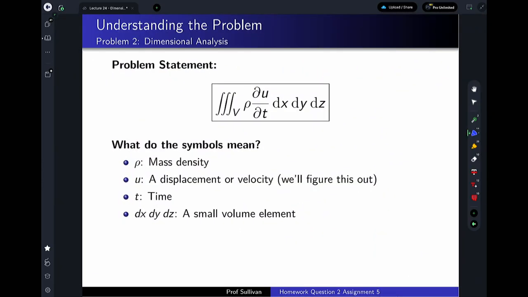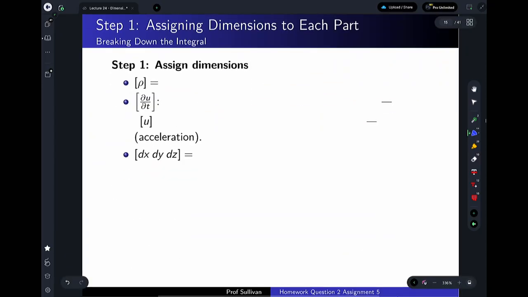I wanted to go over question 2 because this came up and the text is wrong, so it's worth going through this one very quickly. You've got an integral of density, velocity, time, and a volume element. If you remember from the past chapter, chapter 4, we looked at these cubes dx, dy, dz.